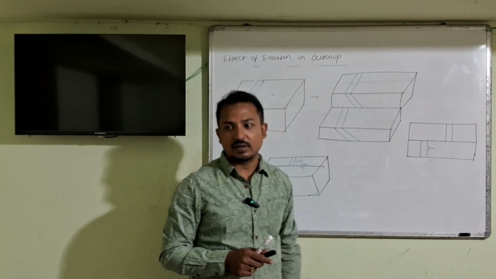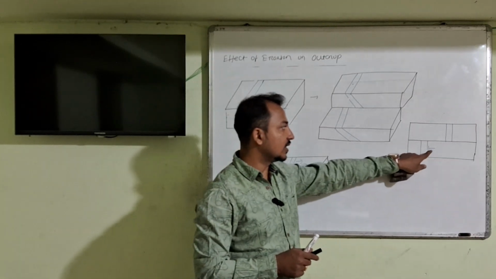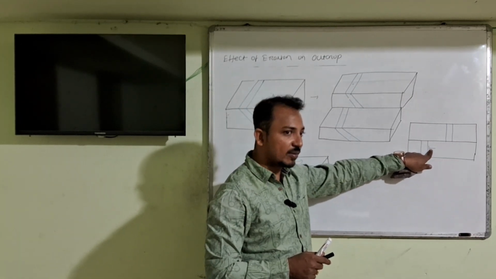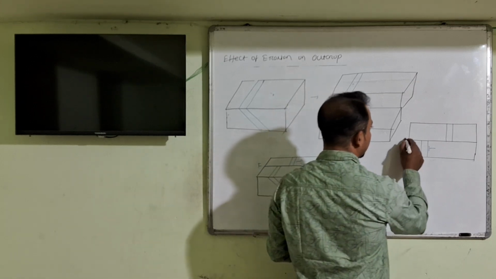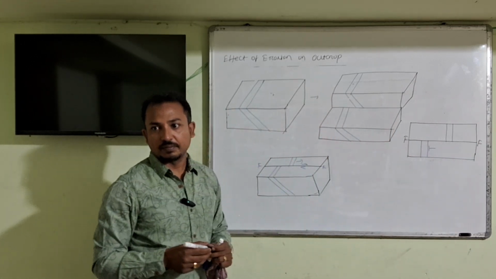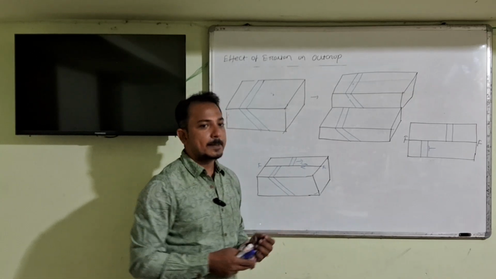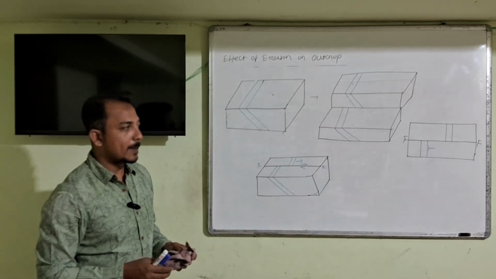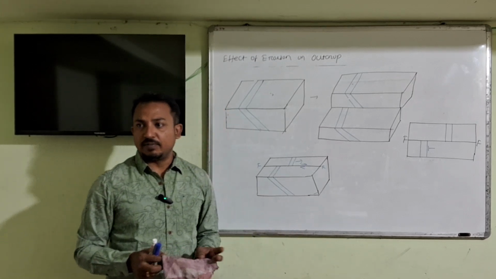So it can be a dip fault, because from this you'll see the dipping direction of the bed is parallel to the fault plane strike. So this is the strike of the fault plane. So this is the case of your dip fault.